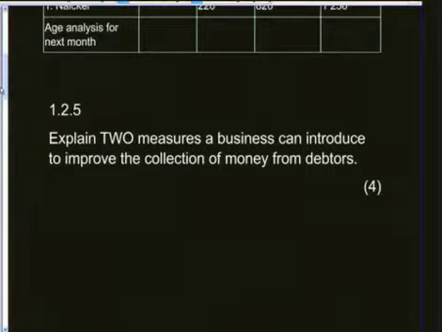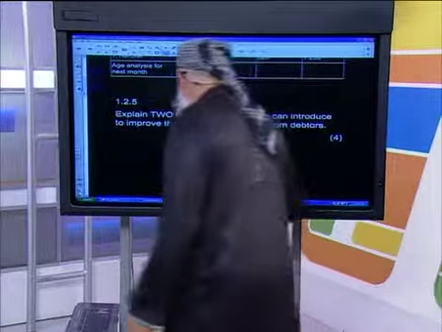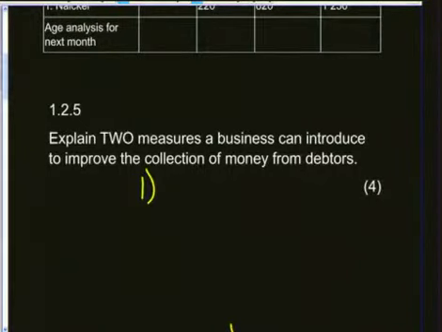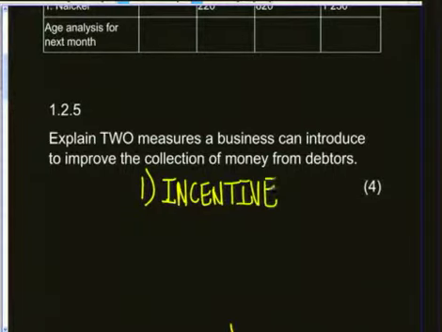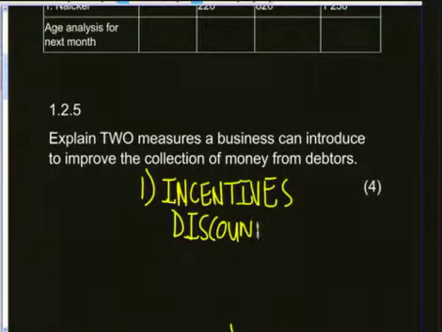We've spoken about it already, haven't we? One, you provide incentives. Like what? Incentives, for example, offer discounts for early settlements. Provide discounts, incentives.